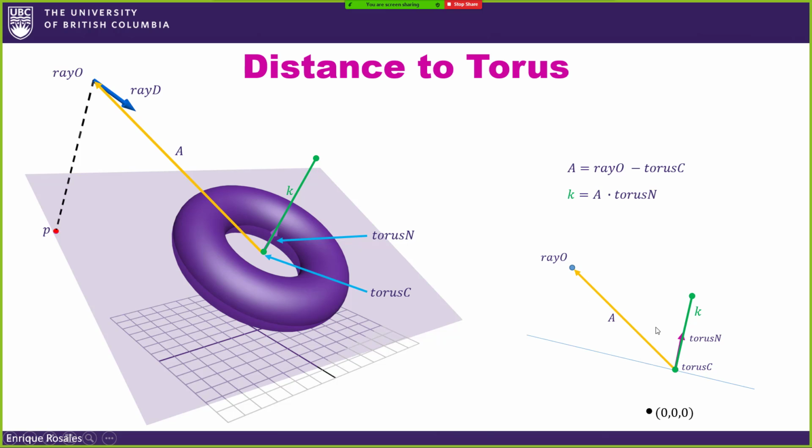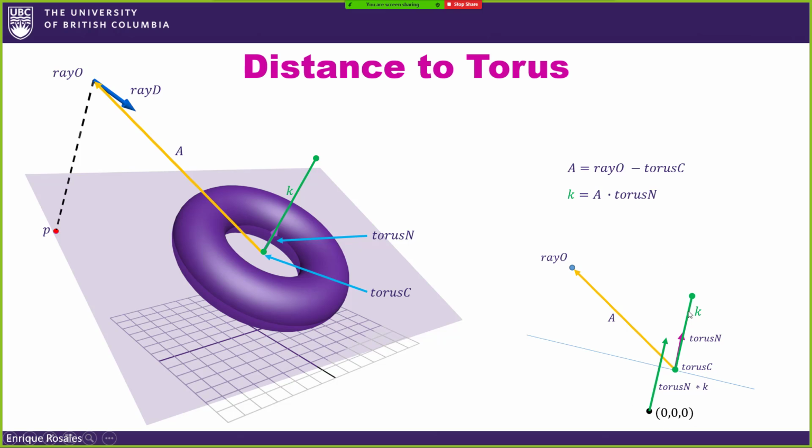So the next step is to compute the normal of the torus times k. It is basically this vector right here. But I'm drawing the vector in this position because, remember, vectors always start at 0, 0, 0. The way I'm drawing the vector A is not mathematically correct. In computer graphics we are always moving our vectors, but in terms of the numbers, strictly speaking, A should be starting at the center.